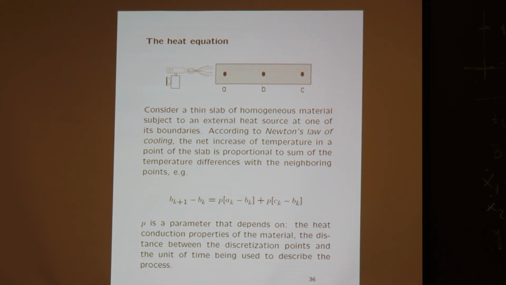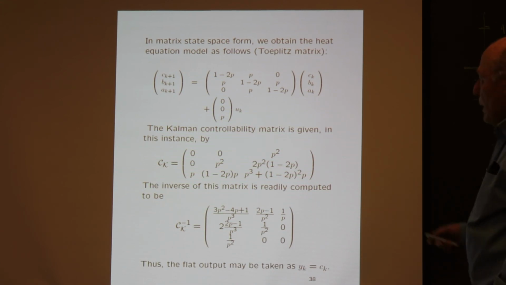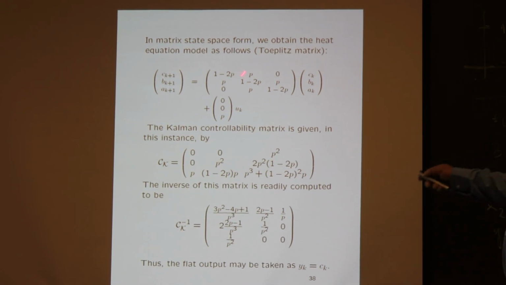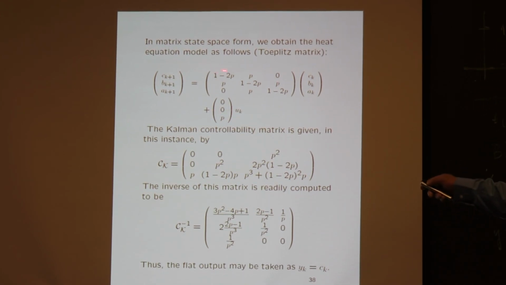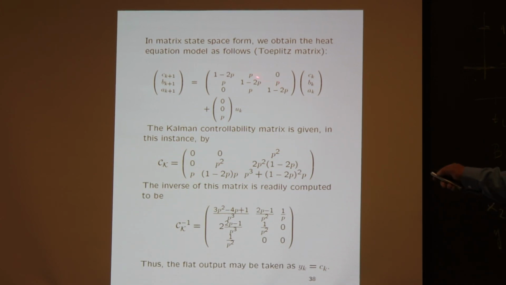That's the output that needs to be controlled, and it coincides with the flat output, and therefore is the one that you should try to relate to the input in a nice manner. So the state space model has this structure. It's very reminiscent of the discretization of a partial differential equation with this typical matrix.